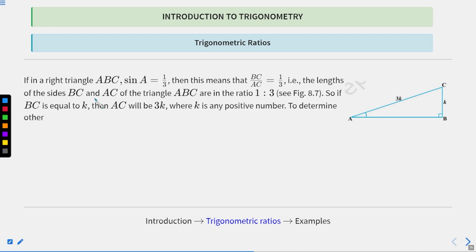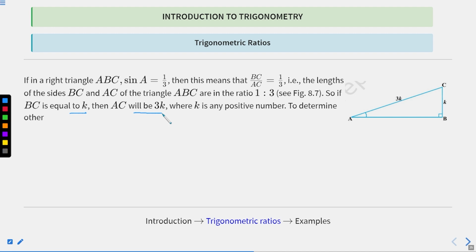That is, the lengths of the sides BC and AC of triangle ABC are in the ratio 1:3. You can see this figure. So if BC is equal to K, then AC will be equal to 3K, where K is any positive number.